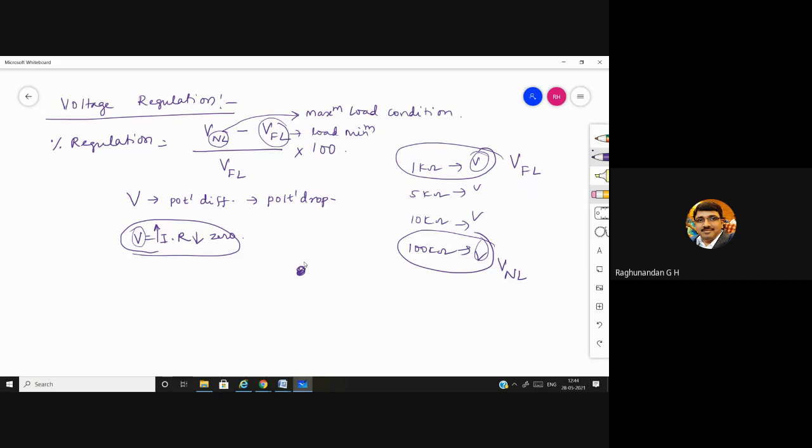I told you, regulation means how much variation it is having. That much it will tell in percentage. So ideally, how much should it be? 0, okay, not 100. What happens if regulation is 100%?